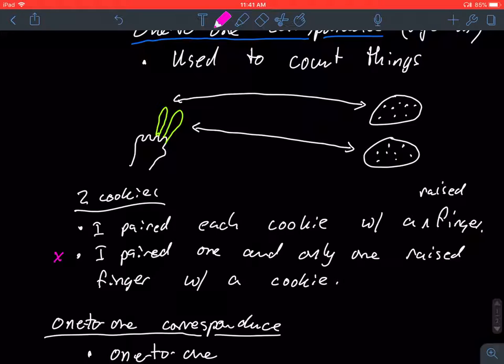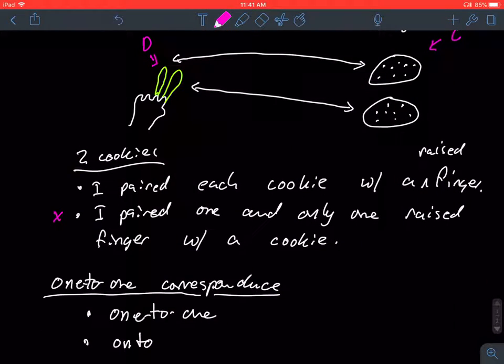Therefore, if my domain is the raised fingers, so here's my domain, they're the raised fingers, and my codomain is the cookies, for each element in my domain, which are the raised fingers, there exists one and only one cookie that is paired with it in this way.